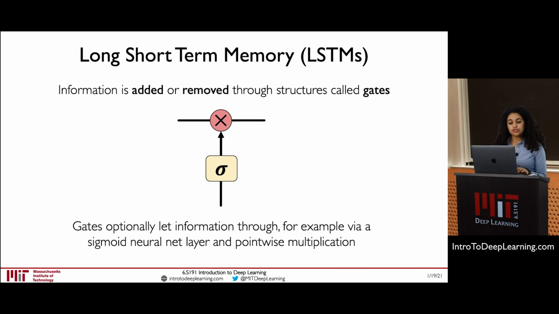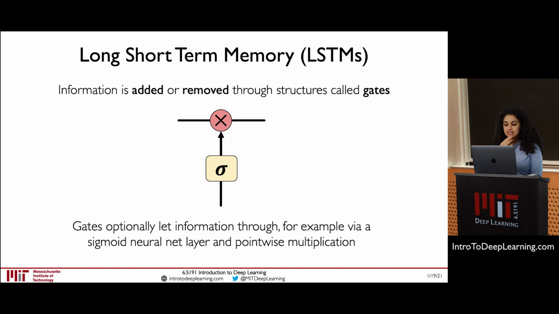All right, so the key idea behind LSTMs is that they can selectively add or remove information to the internal cell state using structures called gates. These gates consist of a standard neural network layer, like a sigmoid, shown here, and a pointwise multiplication.